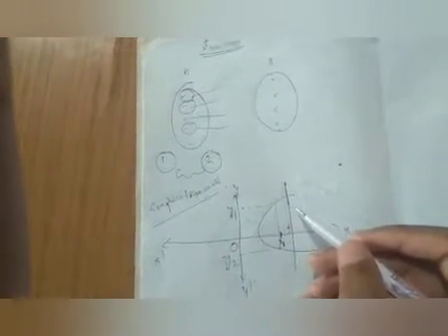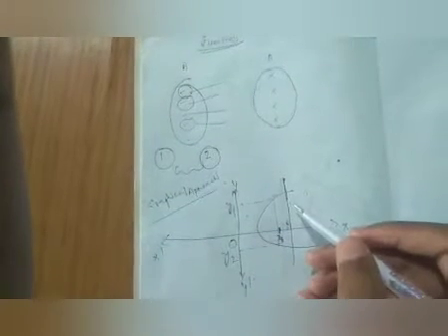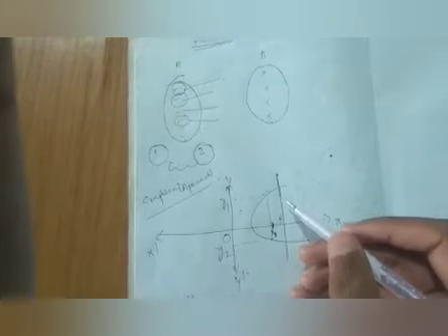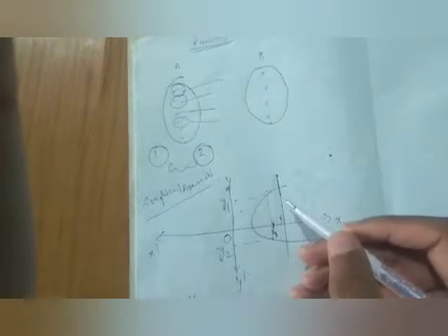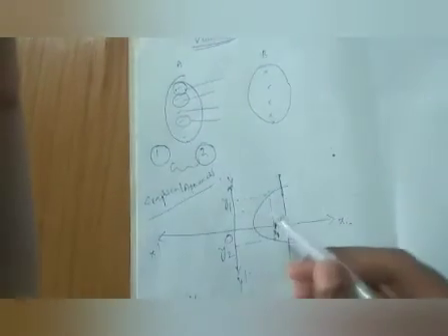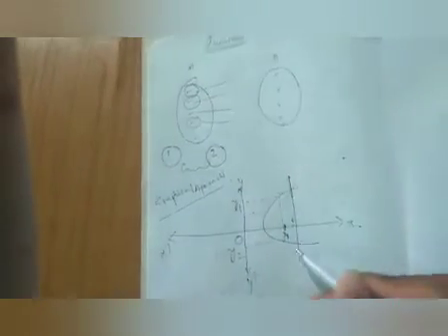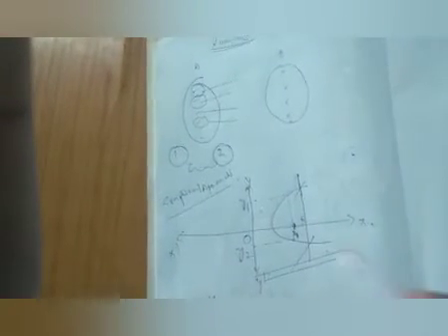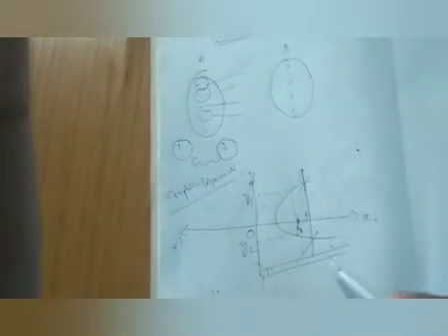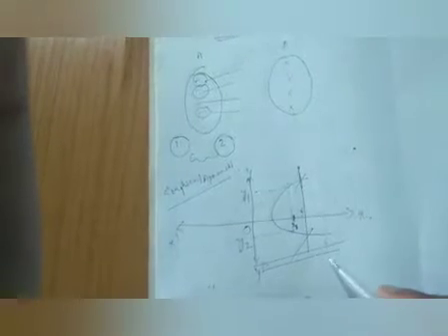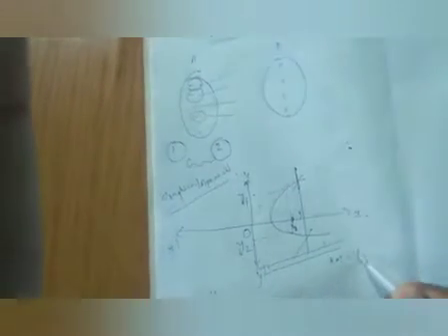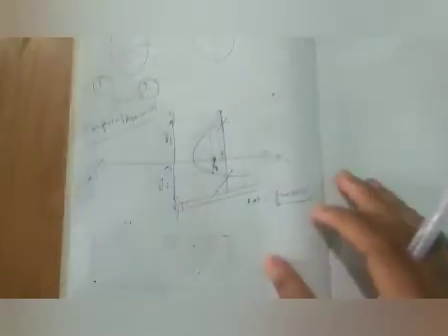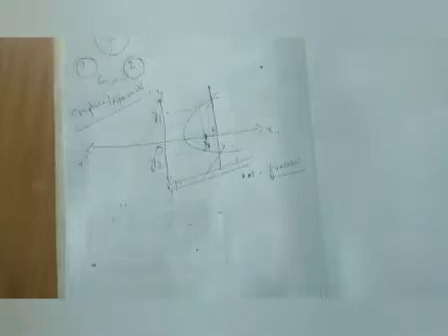Here it is cutting at 2 points, so definitely the relation by which this graph is drawn is not a function. Not a function, right? So by this I can tell one method.